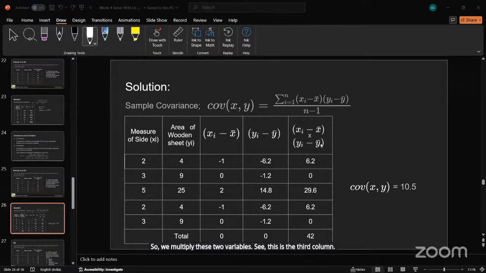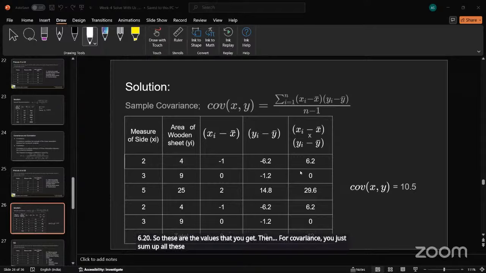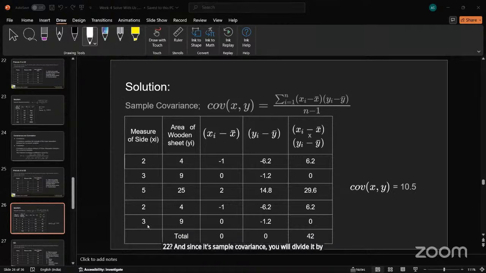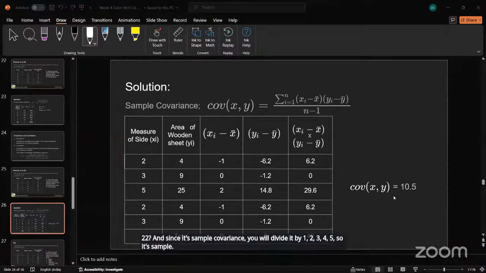These are the values that you get. Then for covariance, you just sum up all these values, 42. And since it's sample covariance, you divide by n minus 1, that is 4. So 42 divided by 4.